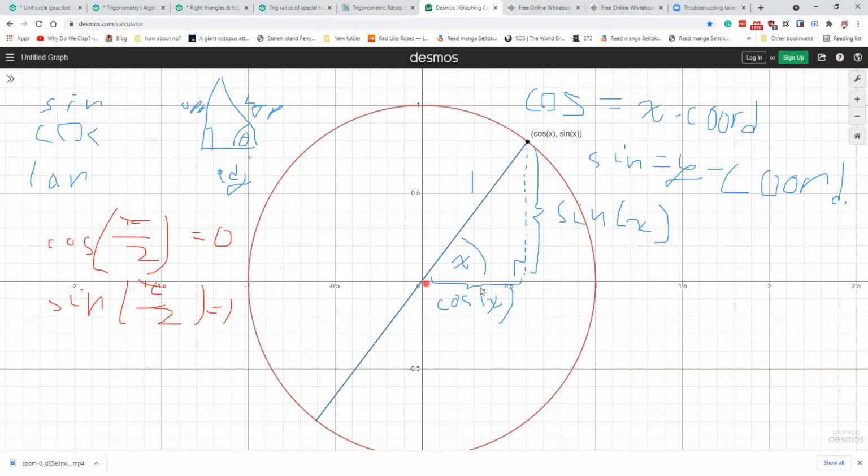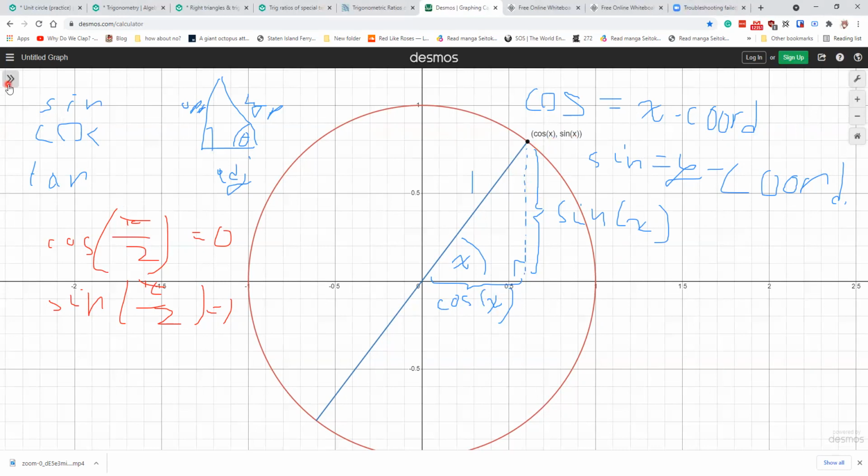So remember that adjacent over hypotenuse, when the hypotenuse is 1, is just this, and that's going to be cos. And opposite over hypotenuse, where the hypotenuse is 1, is just going to be sine. And so the height of this triangle is going to be the y coordinate, which is sine of x, and the length of this triangle is going to be the x coordinate, which is cosine of x.